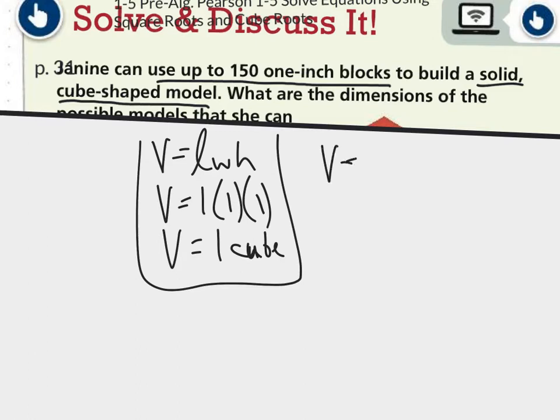Another option, we could have 2 by 2 by 2, and that would be altogether 8 cubes.